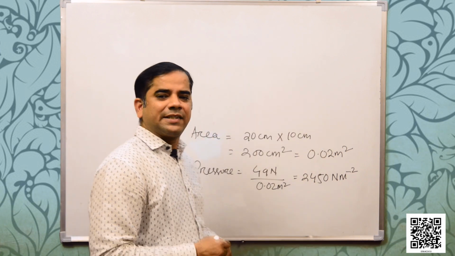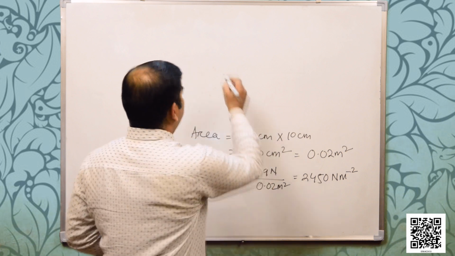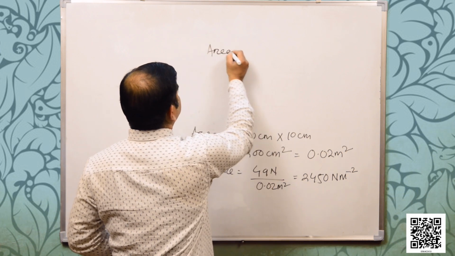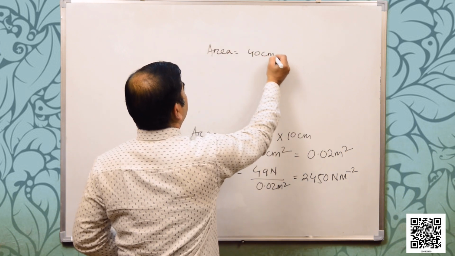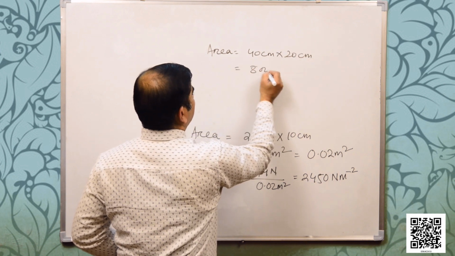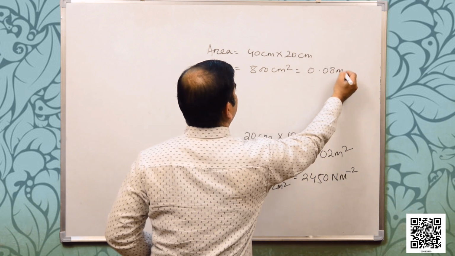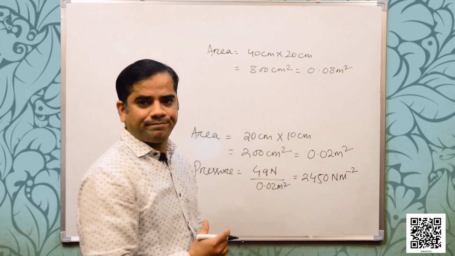The other side has dimension 40 centimeter into 20 centimeter. So, area is equal to 40 centimeter into 20 centimeter, that is 800 centimeter square or 0.08 meter square.